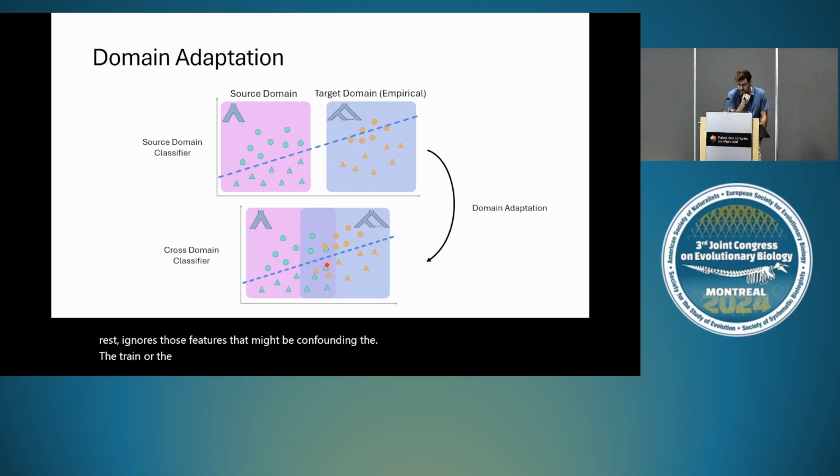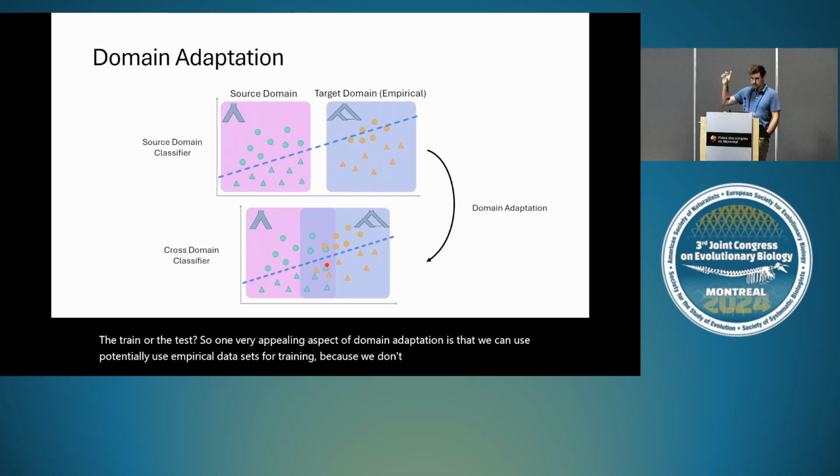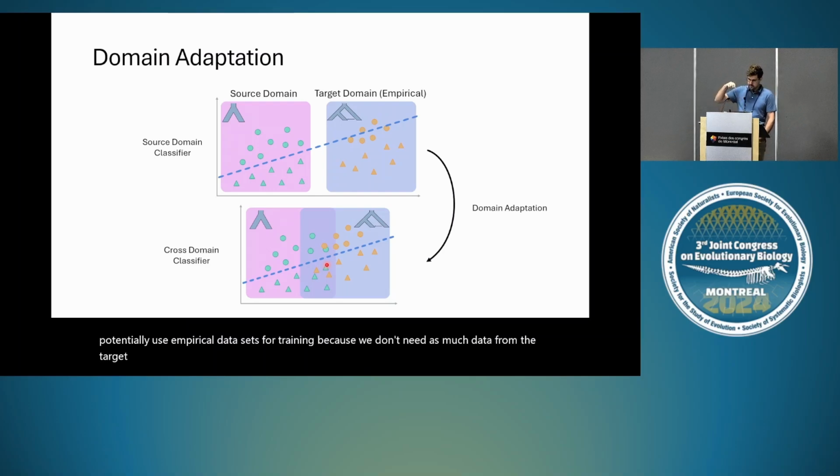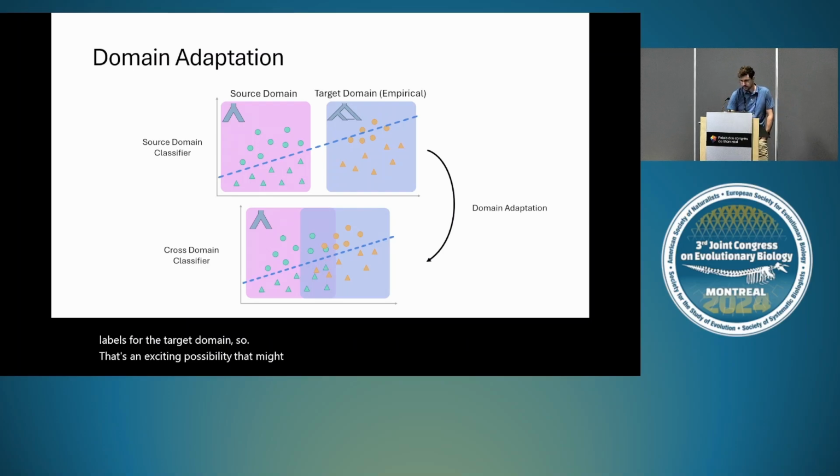One very appealing aspect of domain adaptation is that we can potentially use empirical data sets for training because we don't need as much data from the target domain as we need for the source domain when we're training. And we also don't need labels for the target domain. So that's an exciting possibility that might be available to us with this approach.